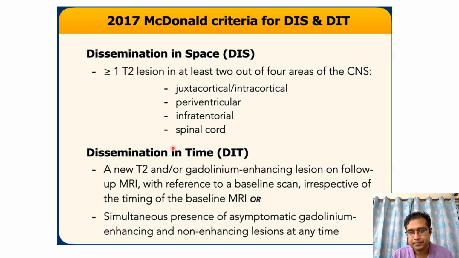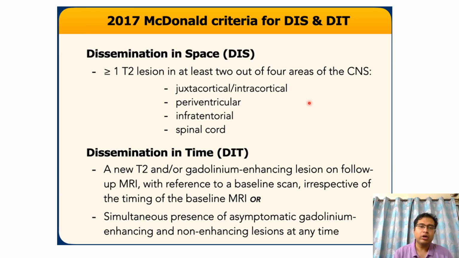So on follow-up imaging, if you are getting a new lesion on T2 or an enhancing lesion on post-contrast T1 weighted images compared to the baseline scan, or on one scan we are getting both enhancing as well as non-enhancing, active as well as non-active lesions, it fulfills the dissemination in time criteria. If both these criteria are fulfilled, we can label the patient as having multiple sclerosis.